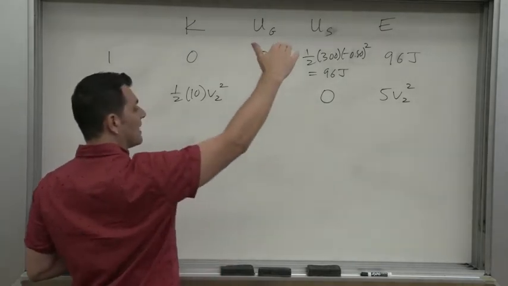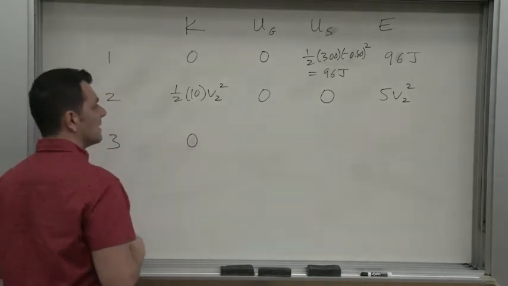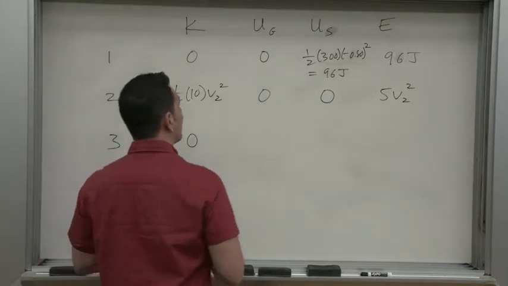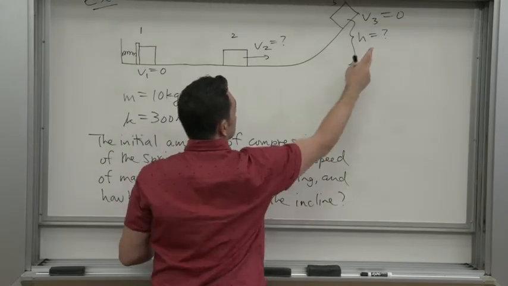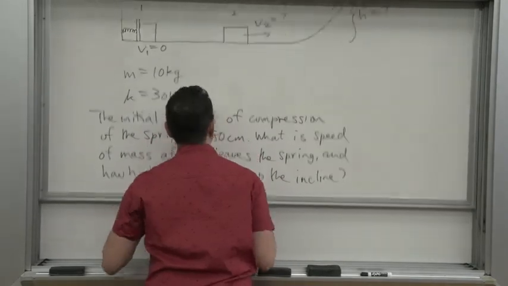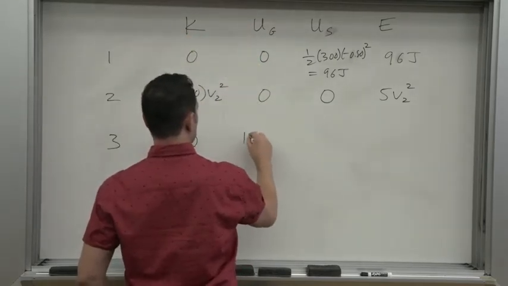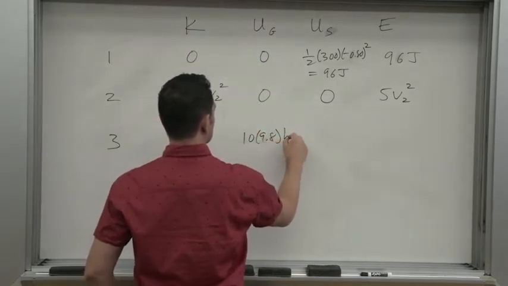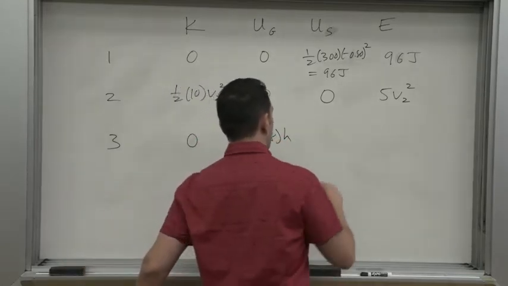Finally, at the top of the incline, it's not moving, right? It's going to have a final y value equal to h. So U gravitation is going to be m times g times h, or y, which is h, and again, no spring.